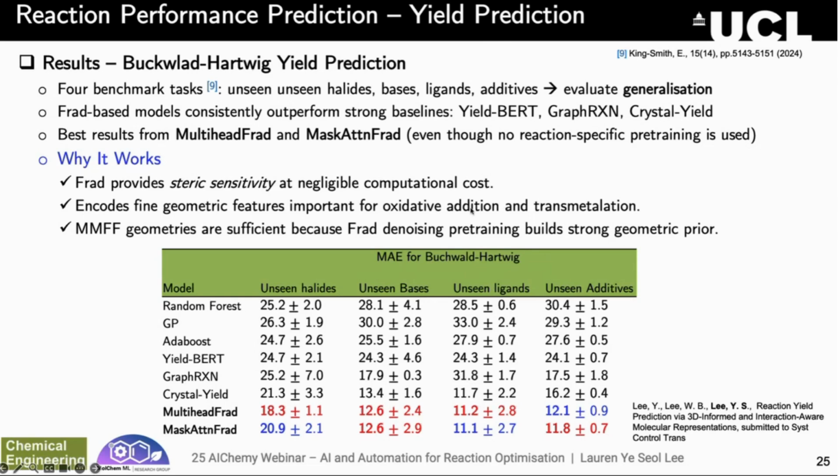So in summary, this work makes it a great foundation for reaction context-aware modeling. And it connects nicely to the next part of my talk, where we incorporate explicit transition state structure and 3D geometry in predicting solvent effect.